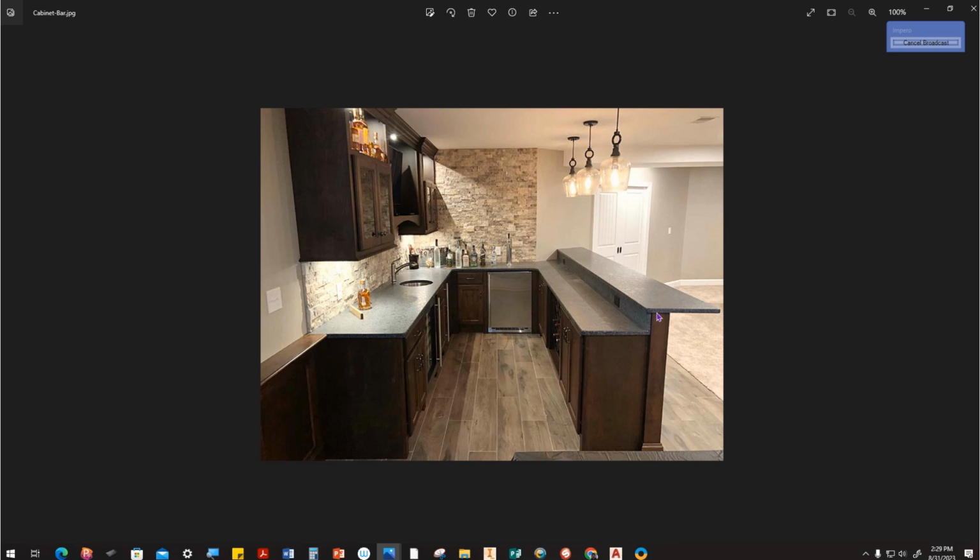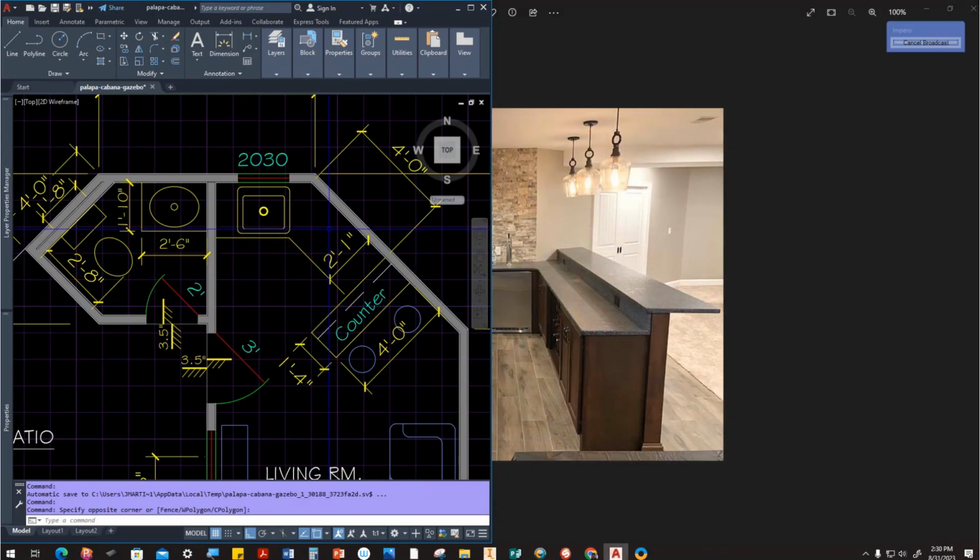I think they call it a pony wall. Over that you have another counter, and you can place a stool here and sit down and eat or drink merrily. So that's what this represents: the cabinet below and the counter above.